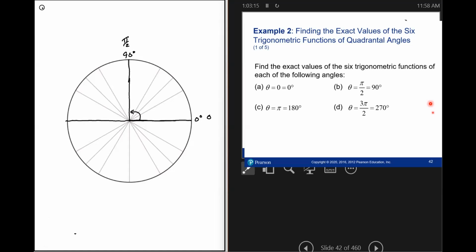Okay. So 0 degrees is on the x-axis. That's why it's quadrantial. And then we have this angle, half a circle. That's 180 degrees or pi radians. That's a quadrantial angle. And then we have this angle down here.